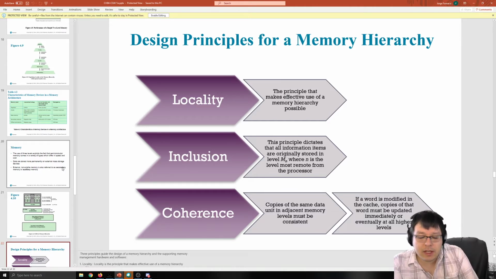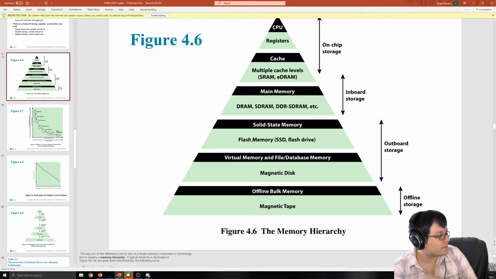No. Locality of reference is going to come to the rescue, okay? That effect of locality allows you to take advantage of the memory hierarchy, so you can have a little bit of the entire hierarchy, but still have basically almost the speed of the top one. So when you've got your little pyramid, I want to have a little bit of everything, except for the bottom one. Again, that's just useless.